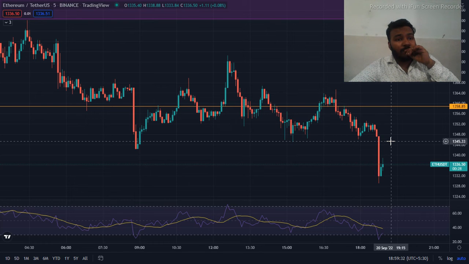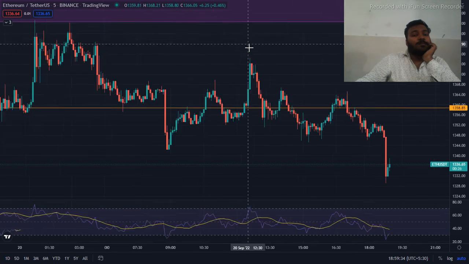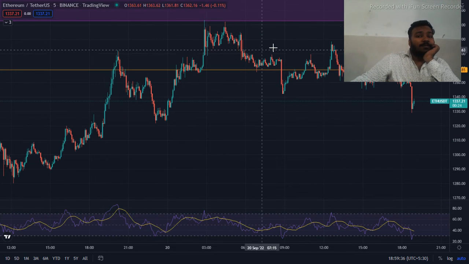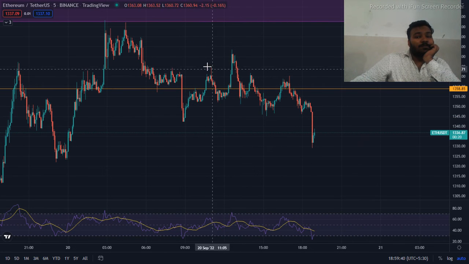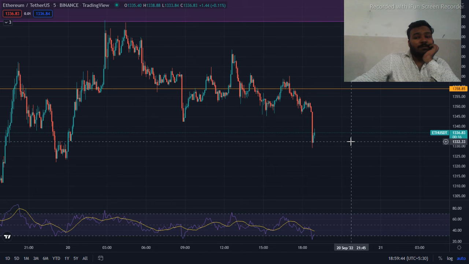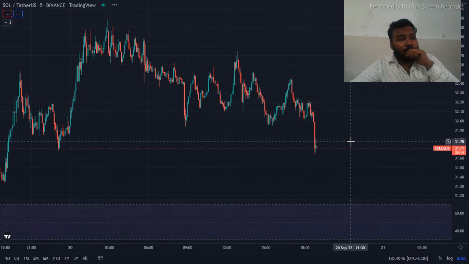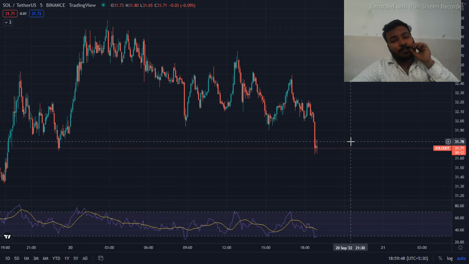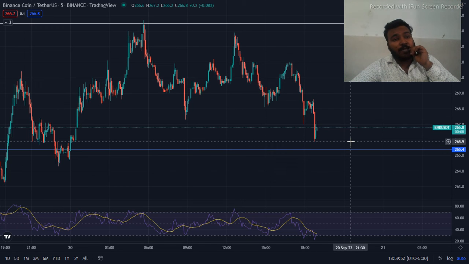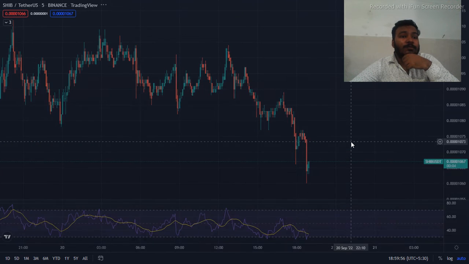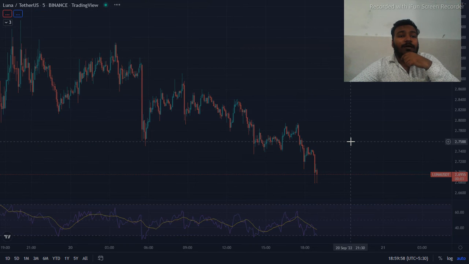Okay. See, similarly in Ethereum, the zone was retested, and the sellers are sitting there. We got a good triple top formation over here, and shorting is on. Similarly in Sol also. See, this is Binance, same pattern in Binance also, and let us see Matic.